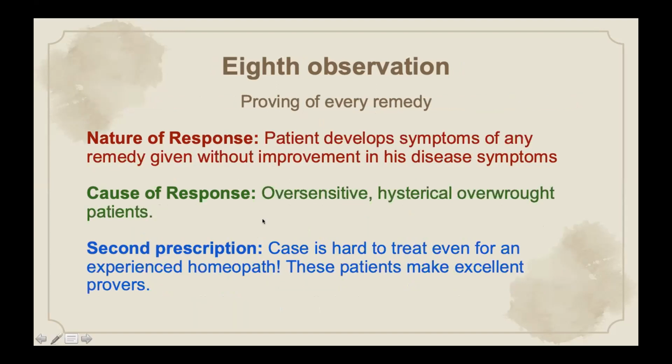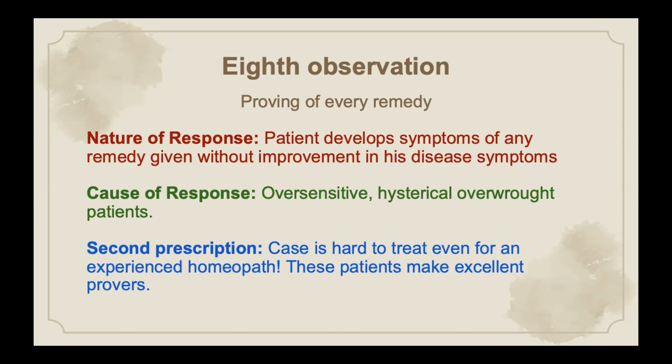Okay, the 8th observation. Now, this is interesting. You're dealing with a patient who's extremely sensitive, so they prove every remedy. You give any remedy that you think is suitable for their case, and instead of responding the way they should, it's almost like the remedy engulfs them and does what a disease would do, and they develop all the symptoms of the remedy.